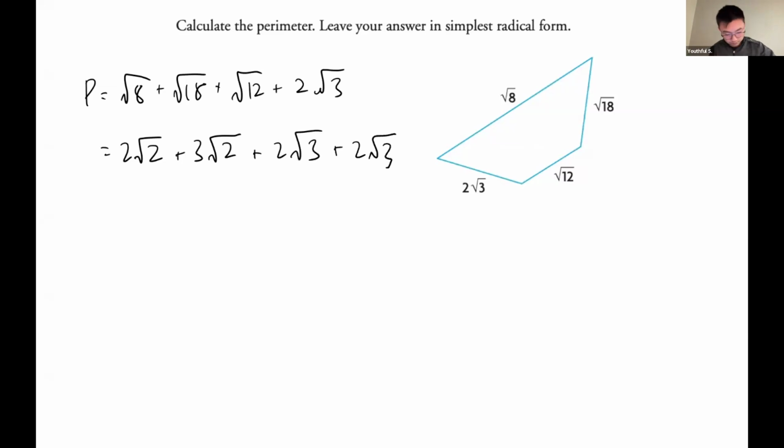Can't really simplify that. We can now factor out the root 2 here. So we get root 2 times 2 plus 3. That's just equal to 5 root 2. Actually, I didn't have to do all that. Just 5 root 2. You just add them basically, like 2x plus 3x, 5x. 5 root 2 plus 4 root 3. And yeah, that's as simplified as you're going to get it.